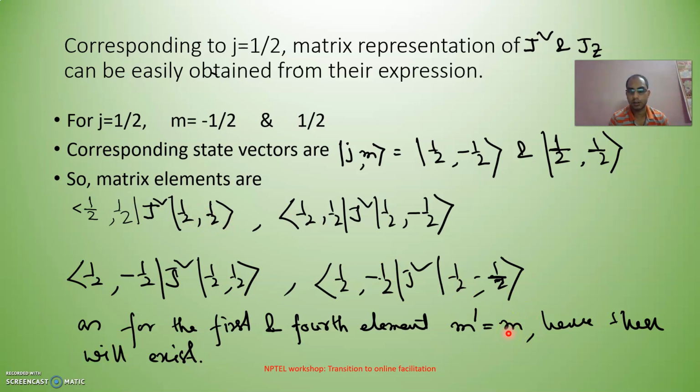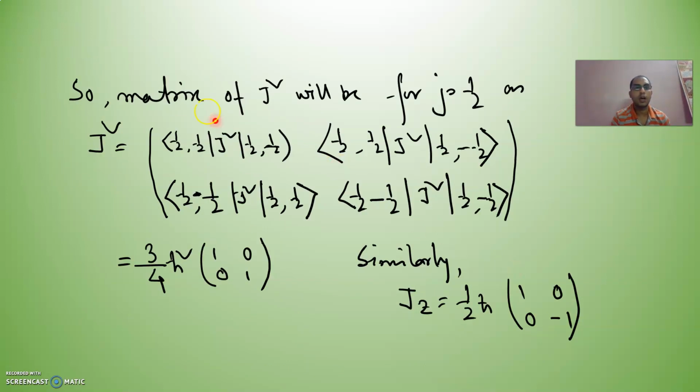So for j equal to half, the matrix representation of j square has first, second, third and fourth elements, of which the first and fourth exist. Considering the eigenvalue solution of j square, we obtain the matrix representation of j square equal to 3 by 4 h bar square times the matrix 1 0 0 1.